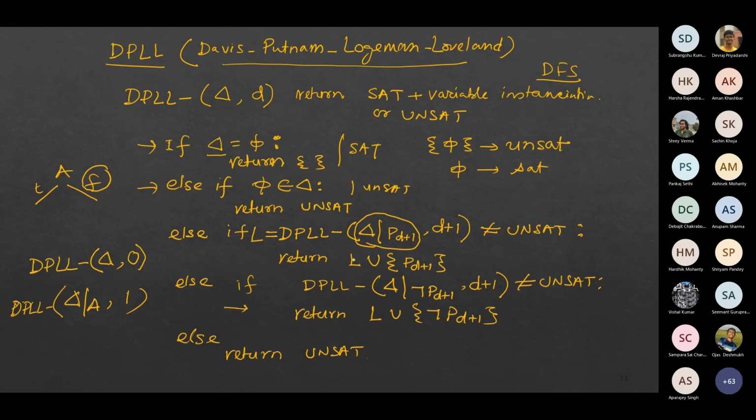And in this part, if we see that this path is not satisfiable, then we'll be going to this path, right? And in this part, what will be our call? Our call will be DPLL minus delta negated A. So we are taking this path then, right? And of course, the same depth level, right?